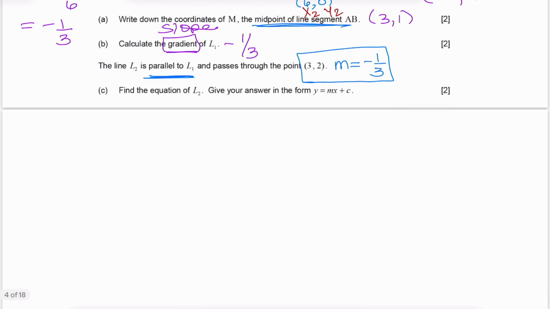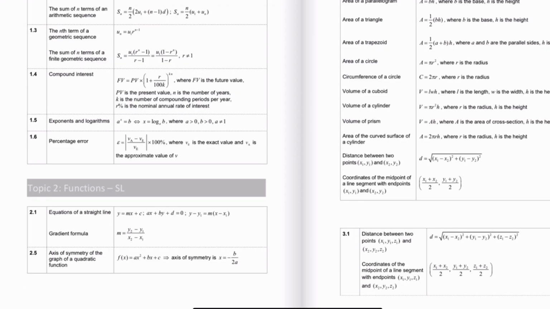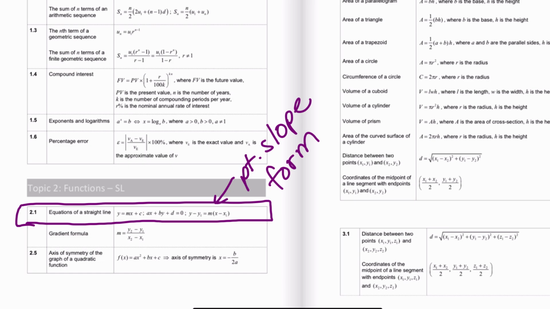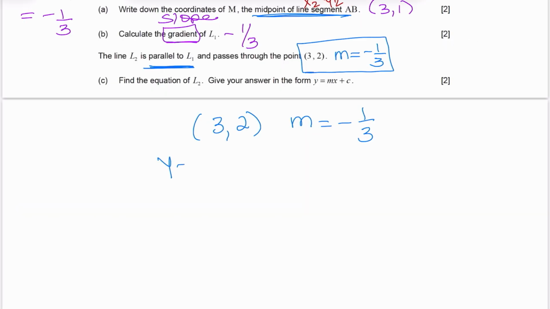I'm going to use point slope form, which is also in your formula booklet. Notice how they give you point slope form under equations of a straight line in topic 2. y minus y1 equals m times (x minus x1). So this is going to be my x1, y1. That's the point that I have that the line passes through.